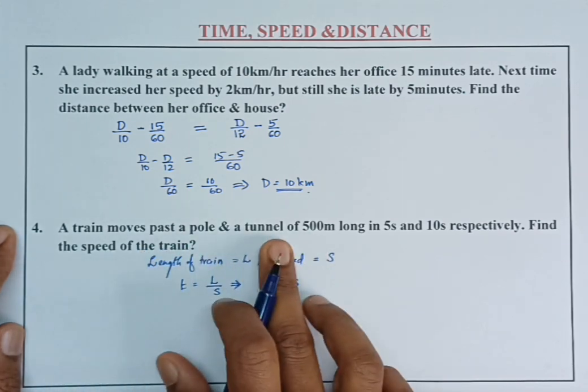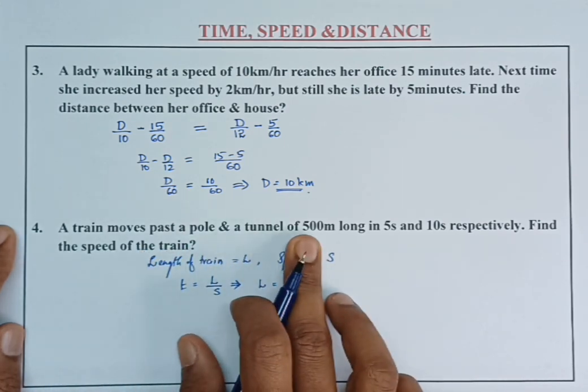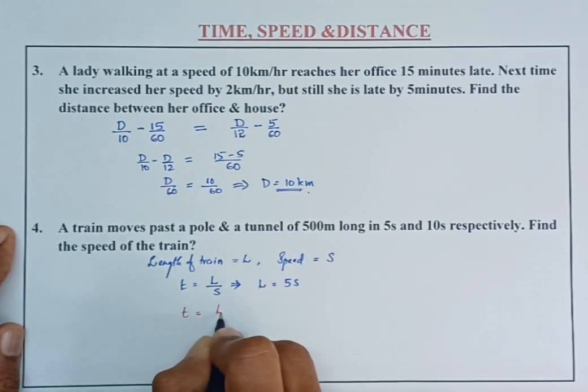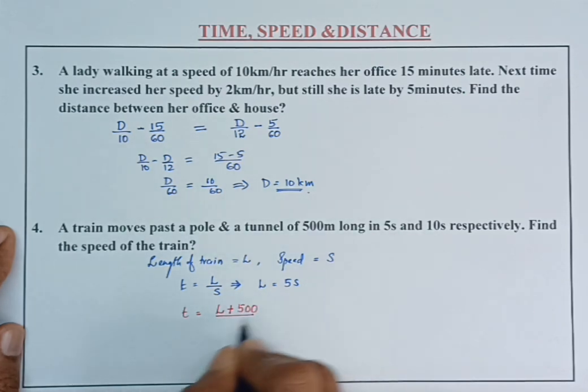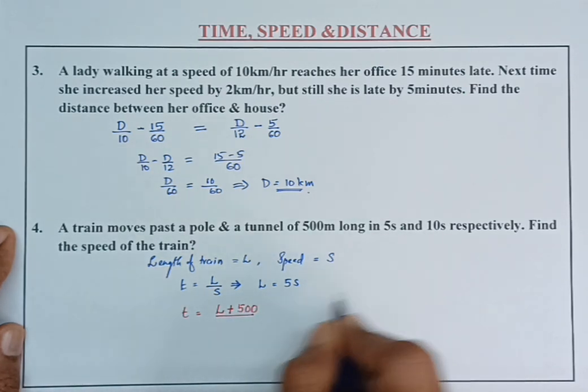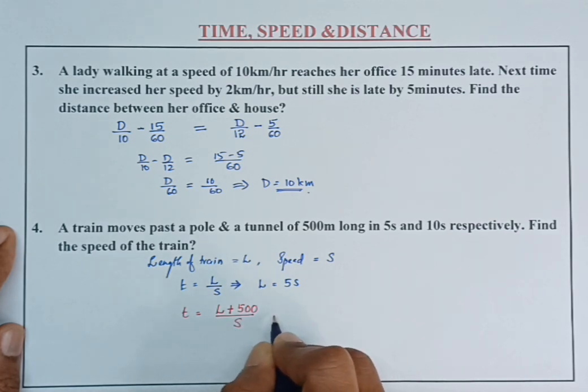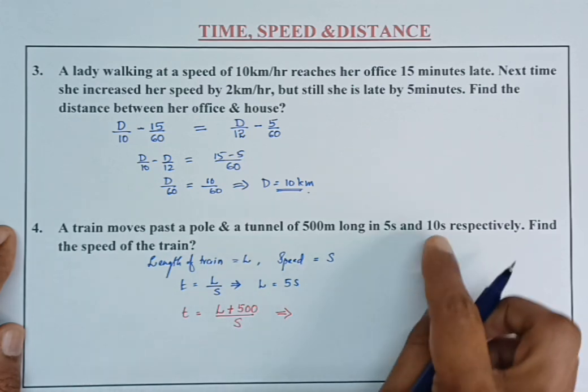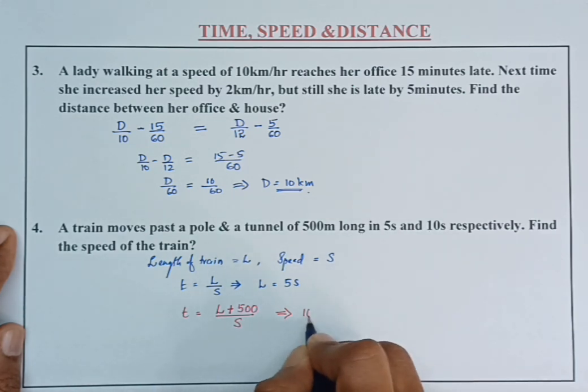In the second case, the train is moving in a tunnel of 500 meters. So in that case, time will be length of the train plus length of the tunnel, that is L plus 500, by speed S. The time is given as 10.